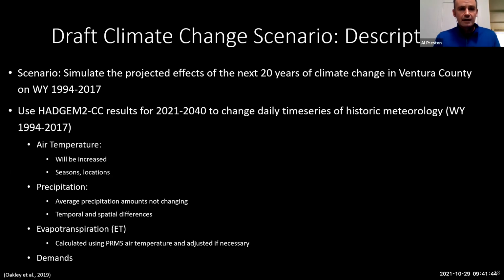So we're going to have Ben Hatchett look at those 13 specific locations, look at the downscaled results from this particular HAD-GEM2 model, and then compare the future 2021 to 2040 period with the baseline period and calculate specific increases in temperature for those 13 locations.